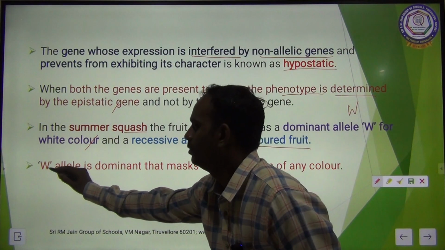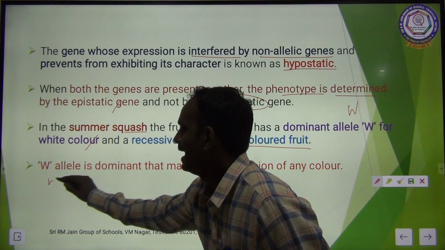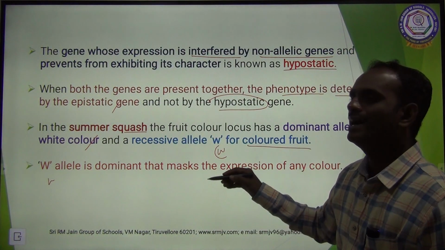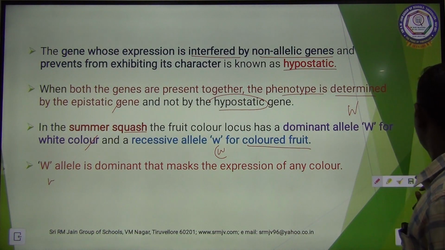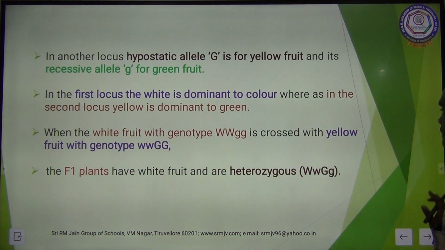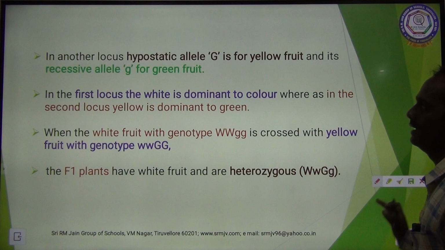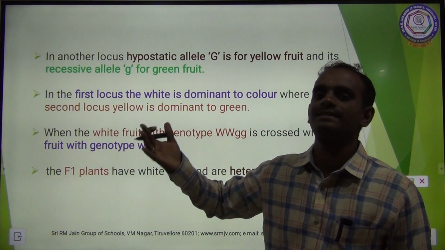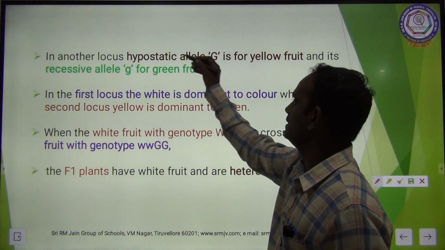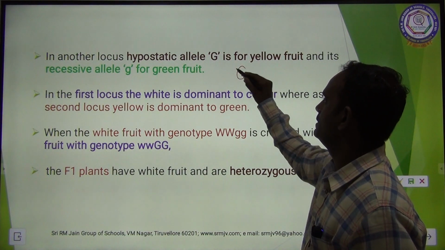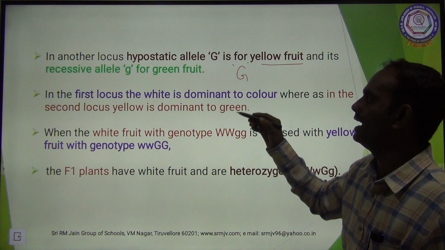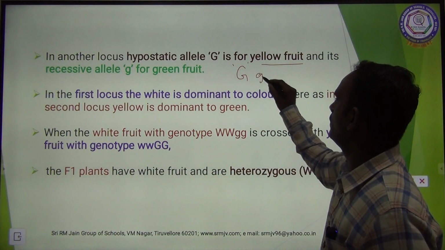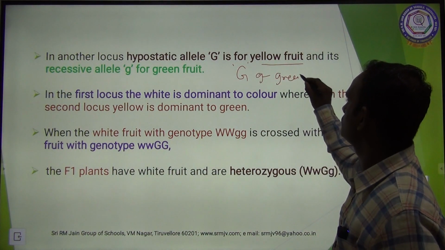So the dominant W allele masks the expression of any color. In another locus, another distance, the hypostatic allele capital G is for yellow fruit and its recessive allele small g is for green fruit.